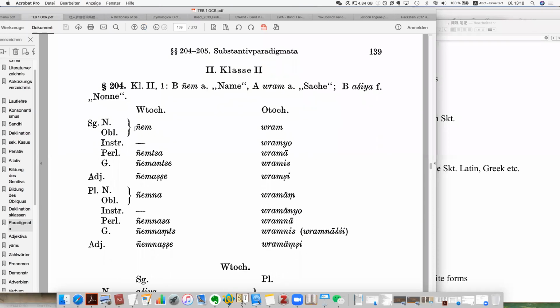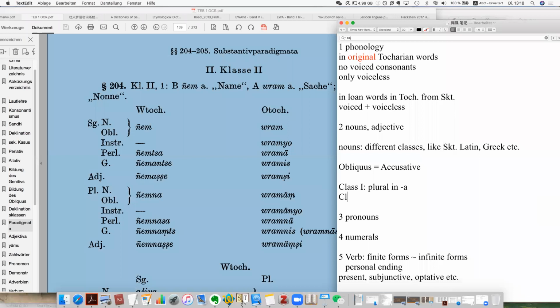And then let's move on to class 2. Class 2, this is niam, and then niemna. So you see the plural is na. So this is class 2, plural in na.